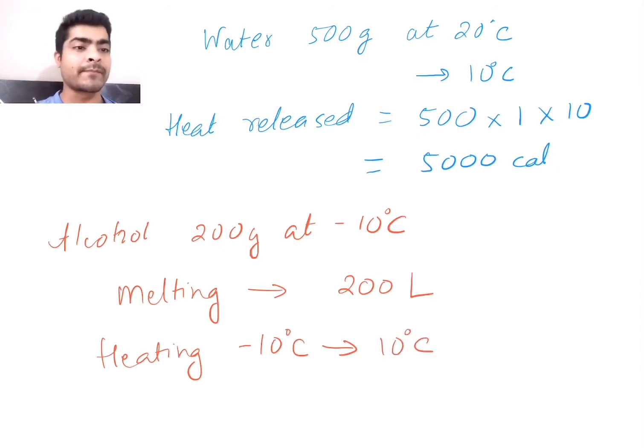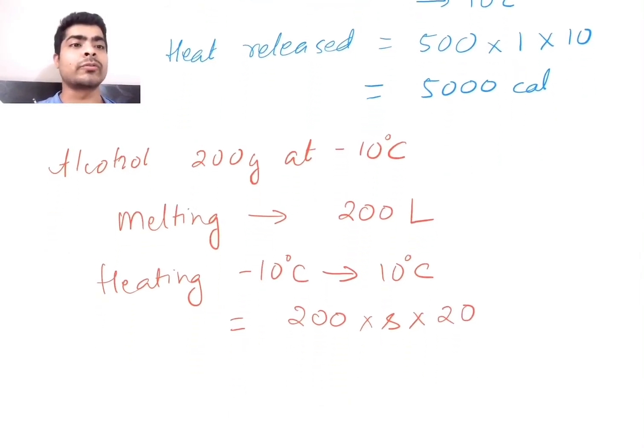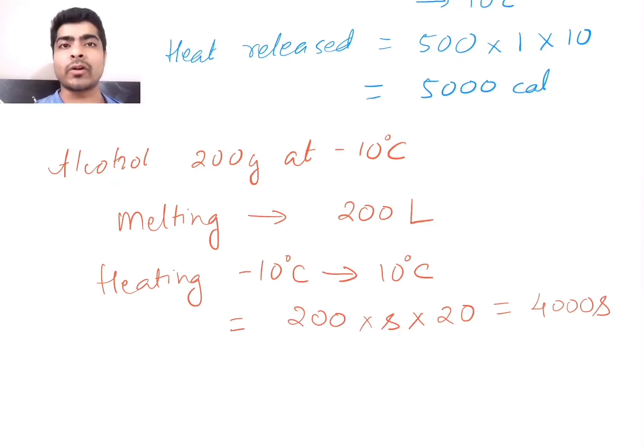So this will require mass of alcohol 200 into specific heat of alcohol S into change in temperature, now 20. So we obtain this to be equal to 4000 S.